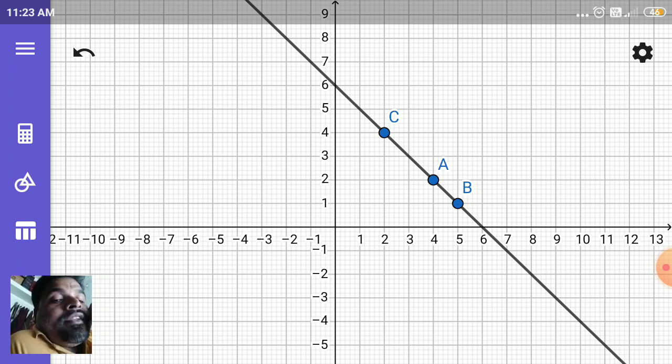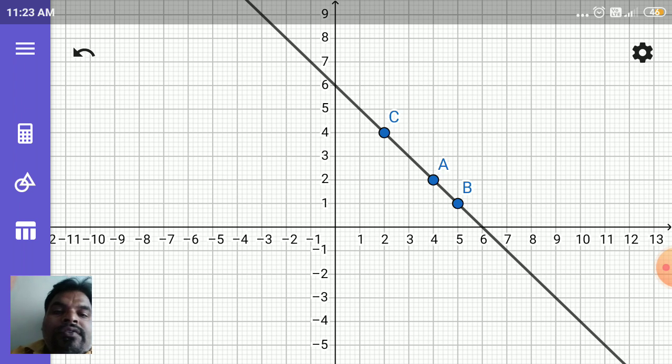We learn the graph of this equation is a straight line. Now using this graph to solve simultaneous equations, you know that the graph of a linear equation in two variables is a straight line.